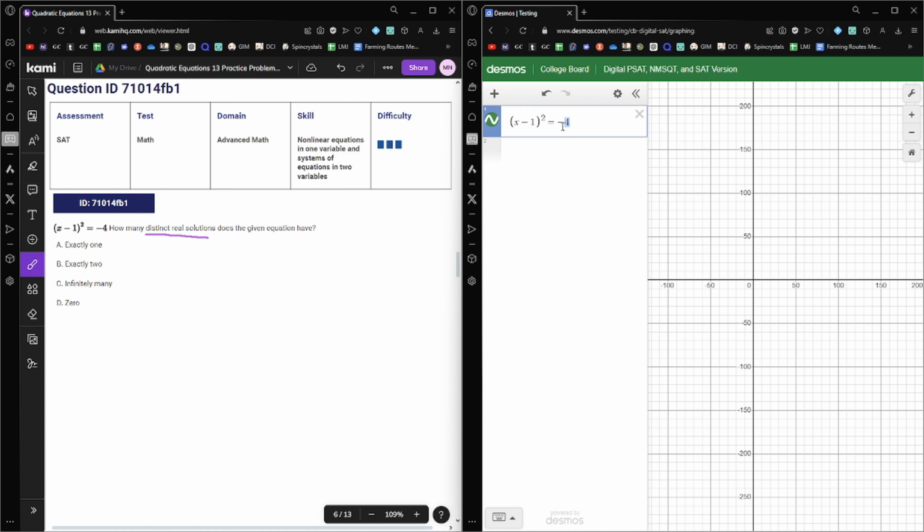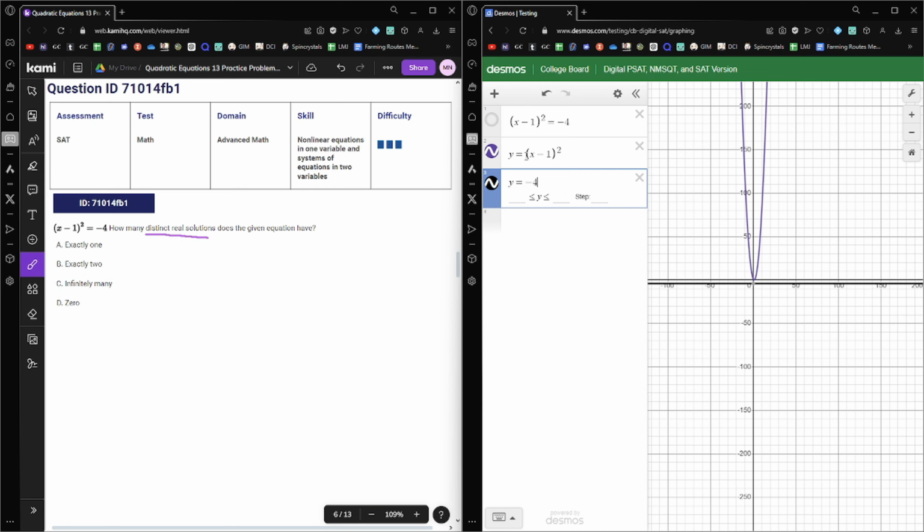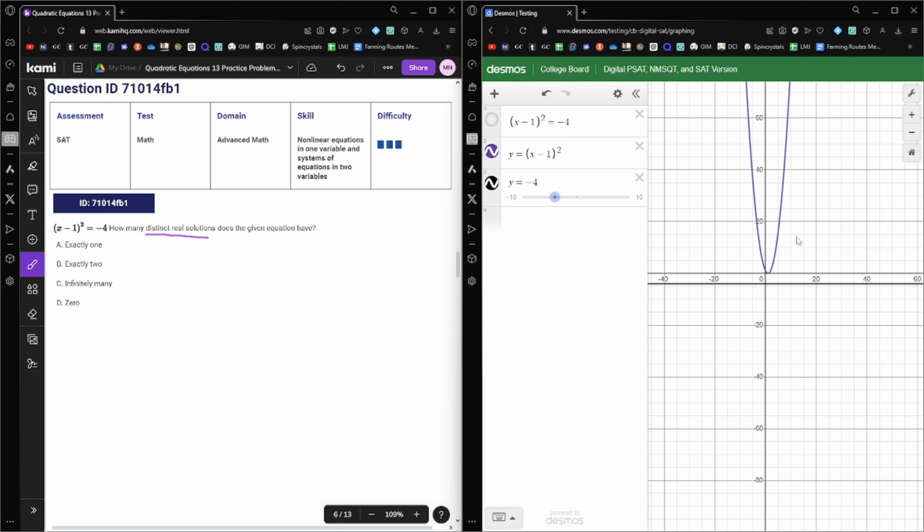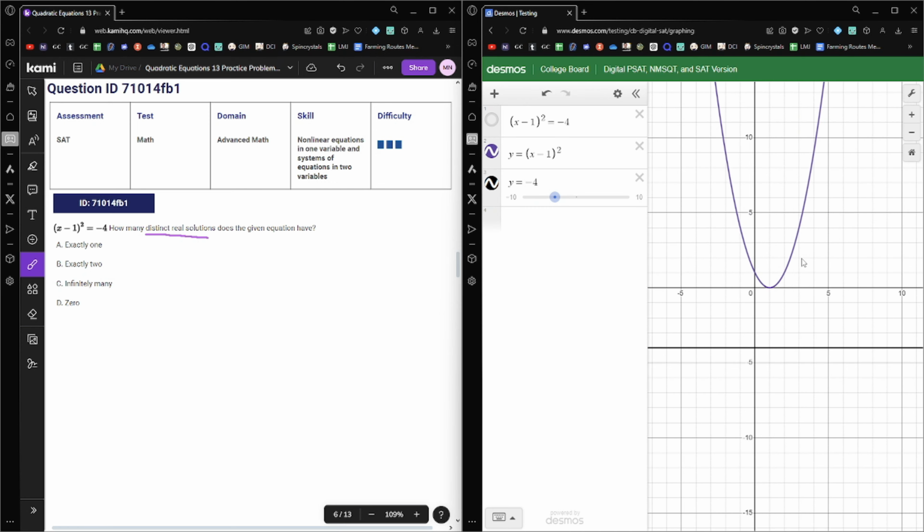However, if you wanted to, you could put both sides of the equal sign into separate equations. So we could rewrite this as y is equal to x minus 1 squared and y is equal to -4. And here you'll notice that it's a lot more clear that they never intersect, or that it has 0 solutions. So our answer will be D.